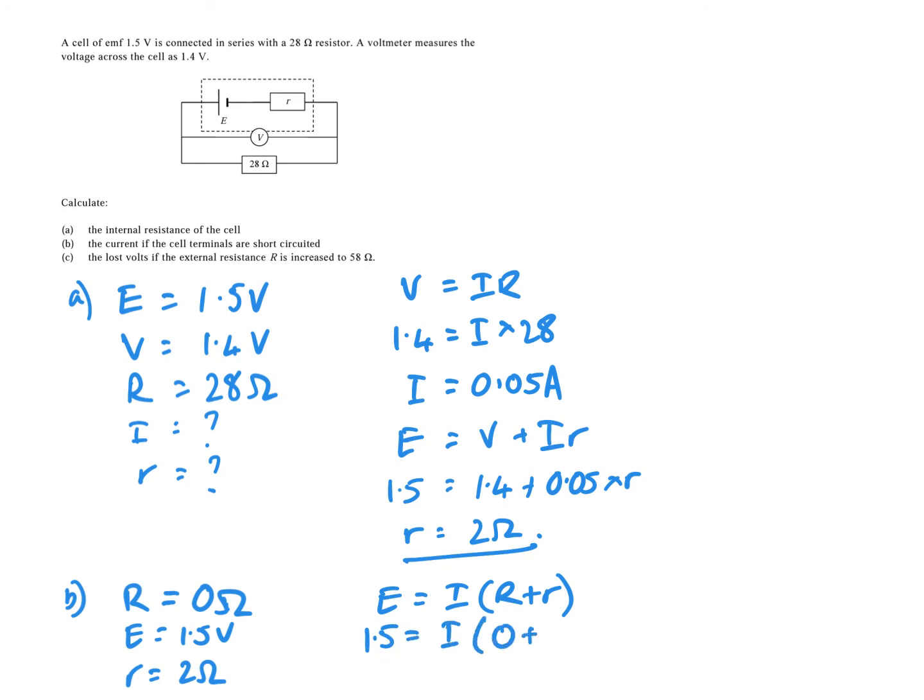And that will reduce to just small r. So basically we're saying the 1.5 volts is applied all across small r. So we get I equals 1.5 over 2, which is 0.75 amps.